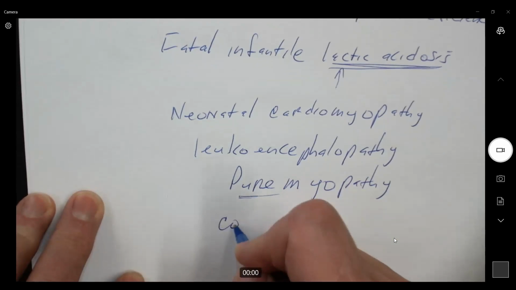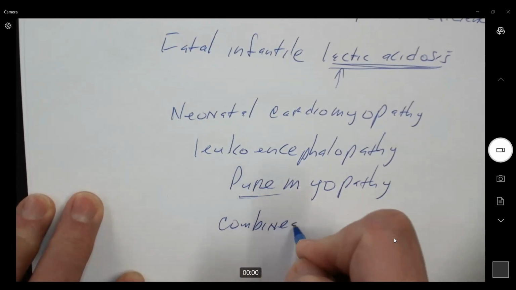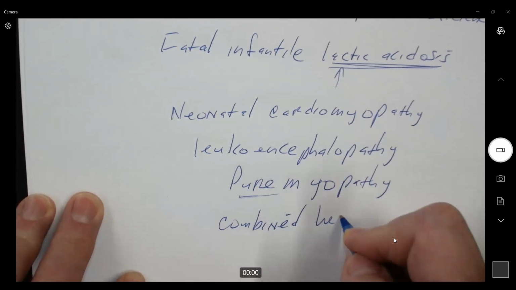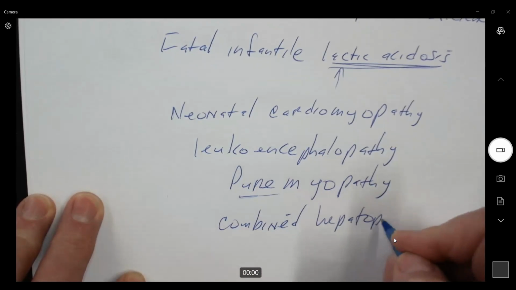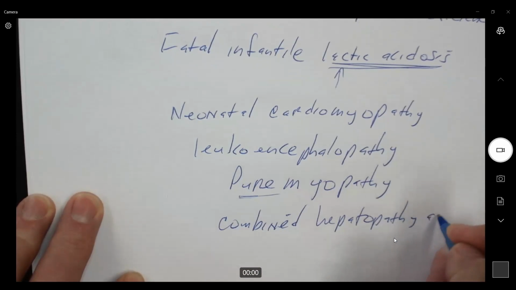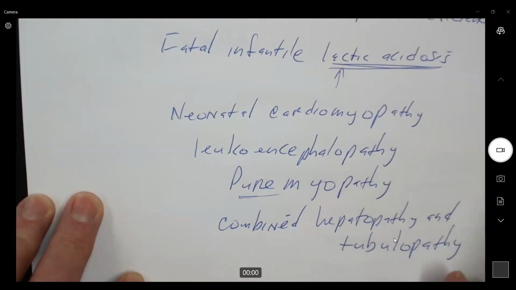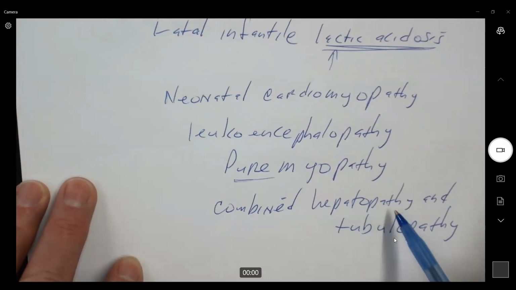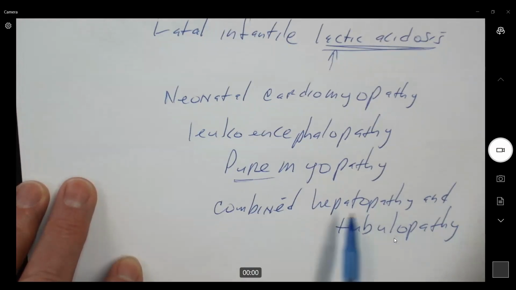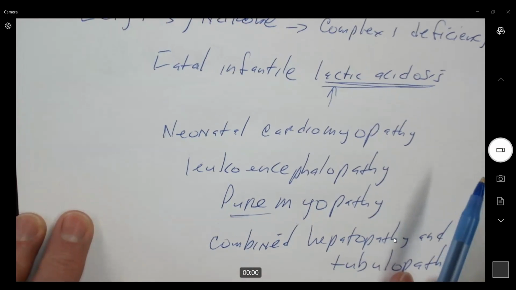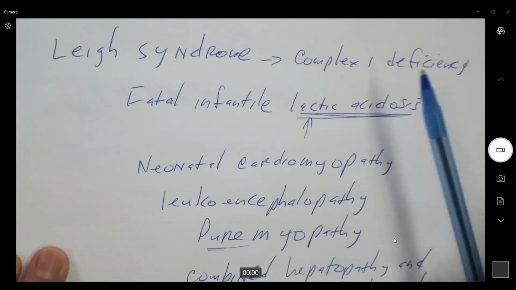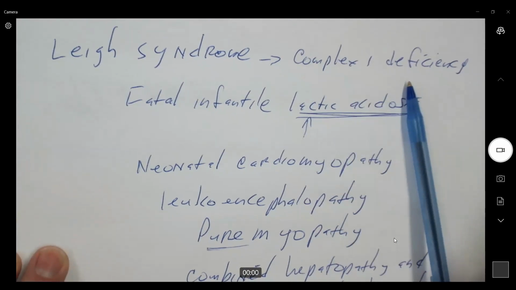And then so-called combined hepatopathy and tubulopathy. So the kidney and the liver, both of which require plenty of energy in order to operate, just really go south. So these are the types of conditions that result essentially from complex 1 deficiencies.